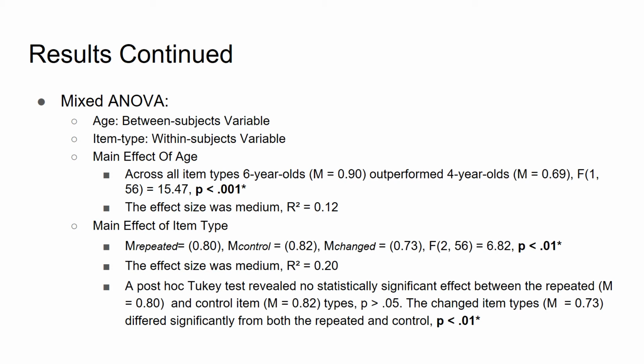The ANOVA revealed a main effect of age such that across all item types, 6-year-olds outperformed 4-year-olds. The ANOVA also revealed a main effect of item type. The post hoc Tukey test revealed no statistically significant effect between the repeated and control item types. The changed item types differed significantly from both the repeated and controlled item types.